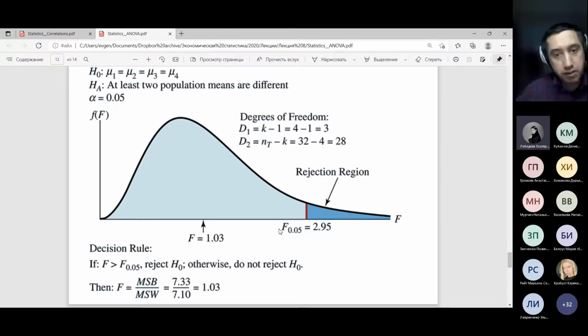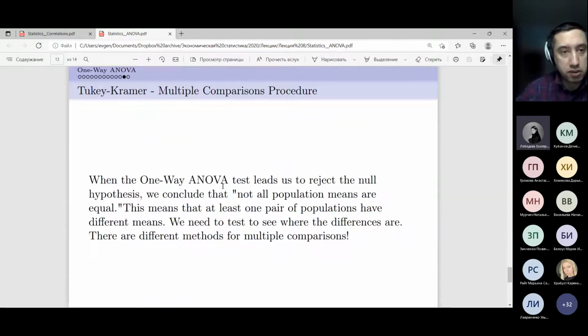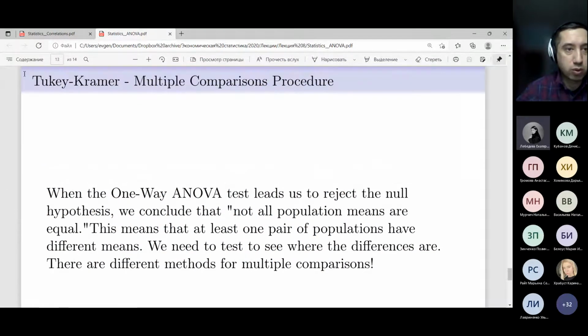Well, and to conduct pairwise comparison of means, we can work with the Tukey-Kramer procedure. Again, it makes sense to work with the Tukey-Kramer procedure if we reject the null hypothesis. If you reject the null hypothesis, please always apply the Tukey-Kramer procedure to find what means can be larger than other means.